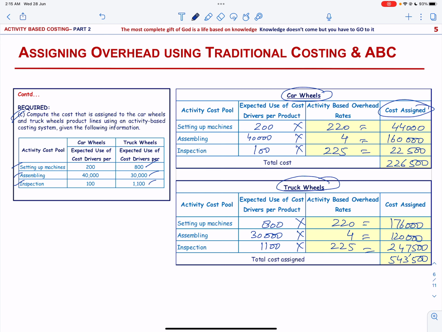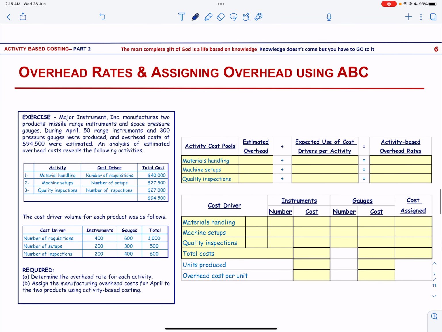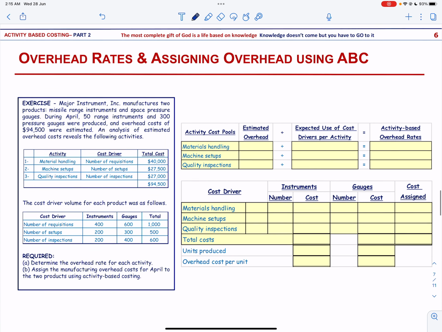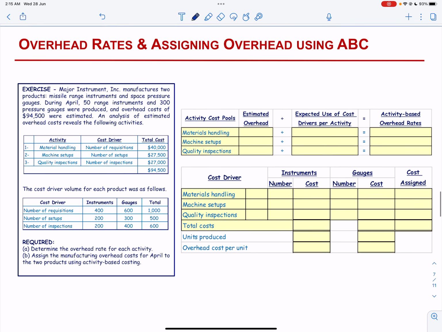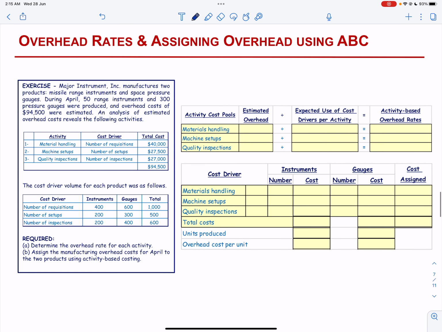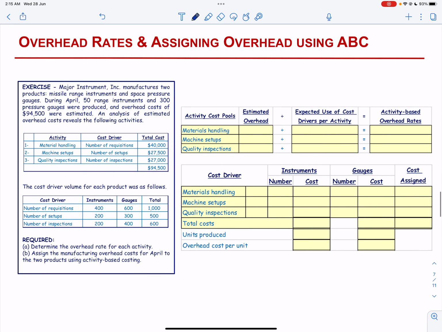And now let us solve an exercise on how to compute overhead rates and assign overhead using activity based costing. Now, Major Instrument Incorporation manufactures two products, missile range instruments and space pressure gauges.